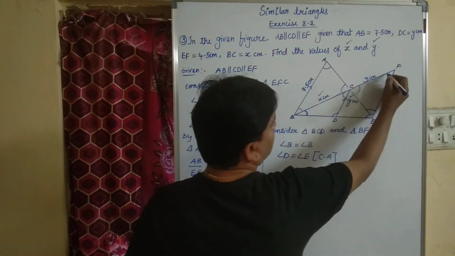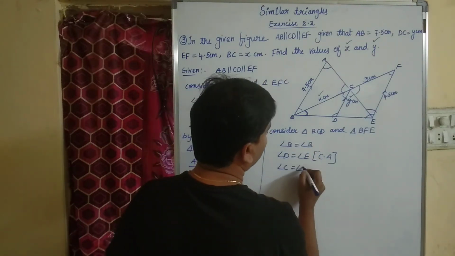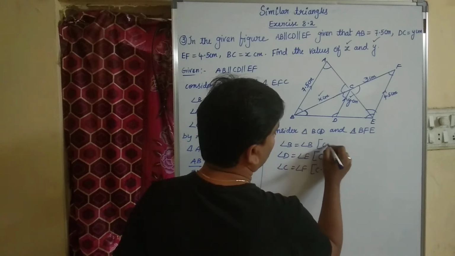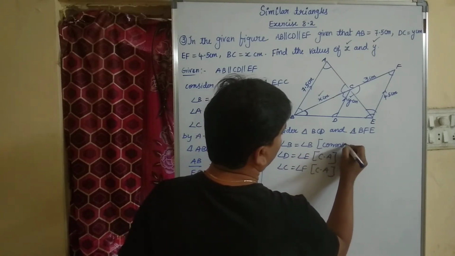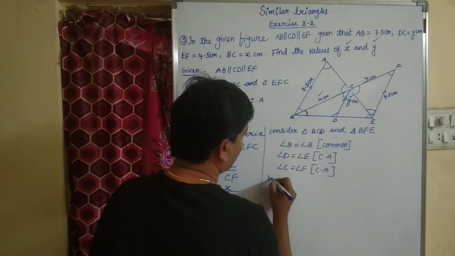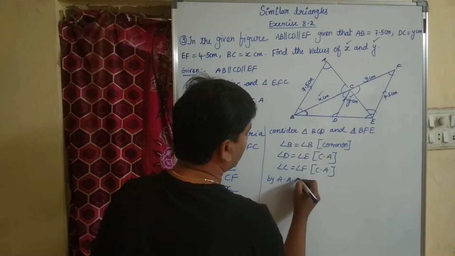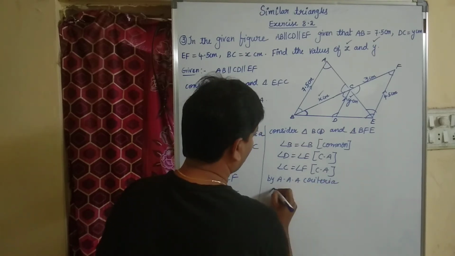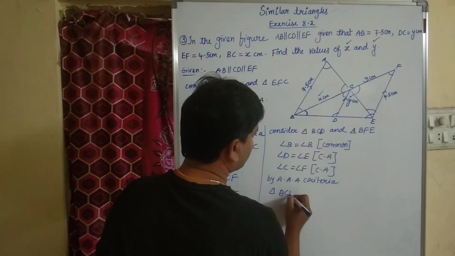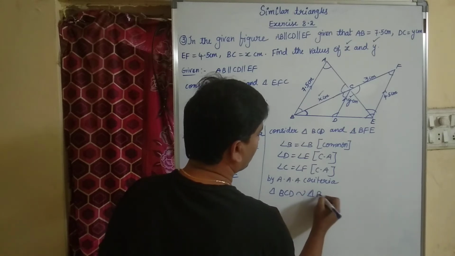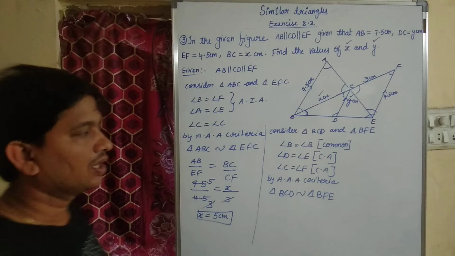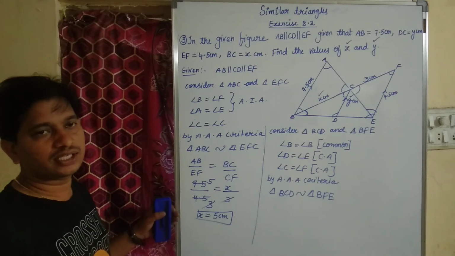As well as angle C equal to angle F, they are also corresponding angles. So by AAA criteria, I can say that triangle BCD is similar to triangle BFE. If they are similar, their corresponding sides are in the same proportion.